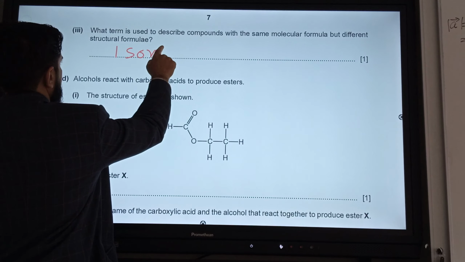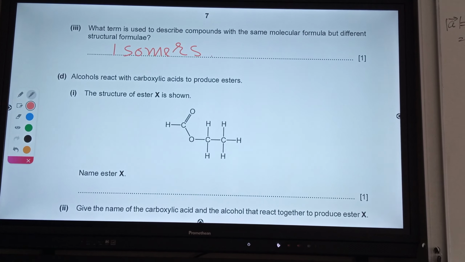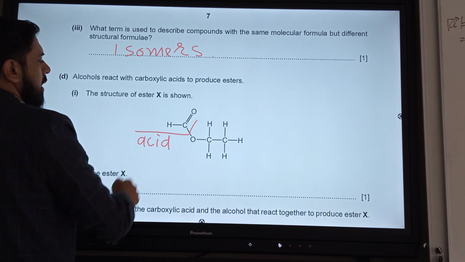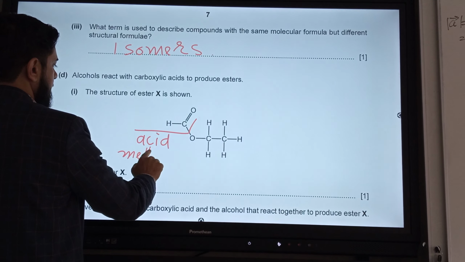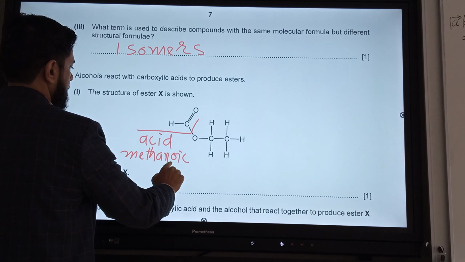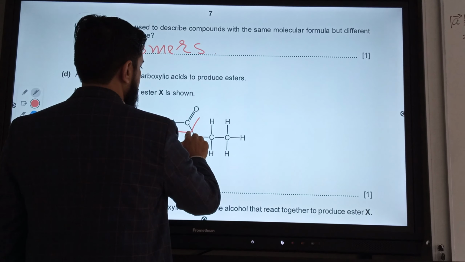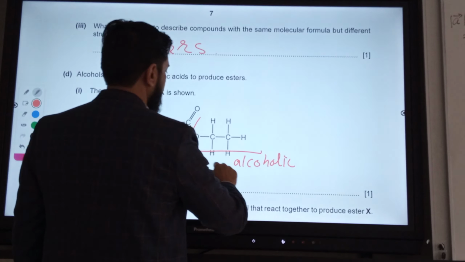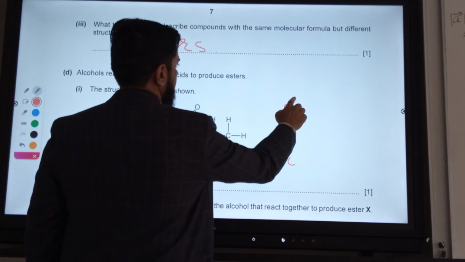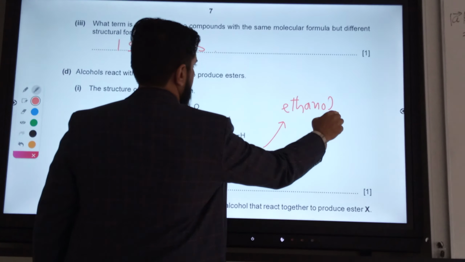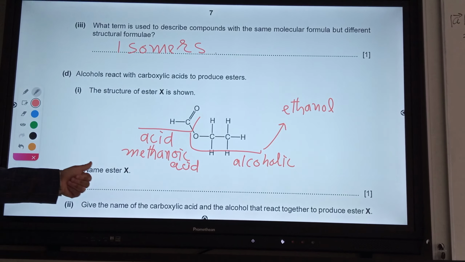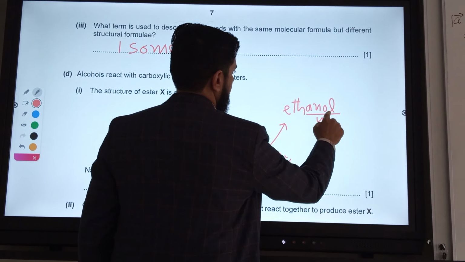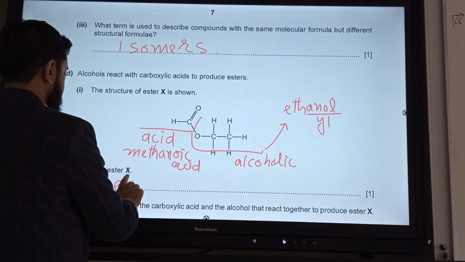In the next part, you can easily see this is an ester. To recognize it, this is the acidic part, which contains only one carbon atom, so it is from methanoic acid. Whereas this is the alcoholic part, and as it contains two carbon atoms, it will be ethanol. Understood? Keep that in mind. Then it says name the ester. To name the ester, we change ANOL to YL, so we get ethyl.